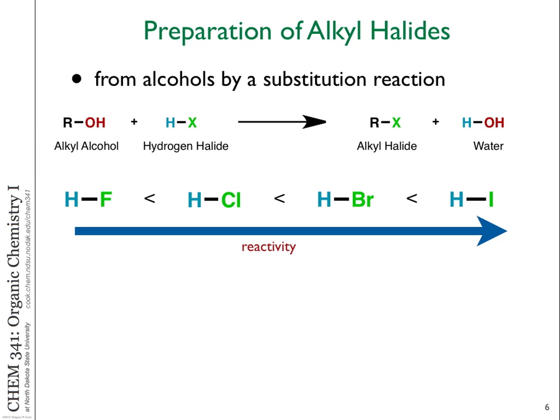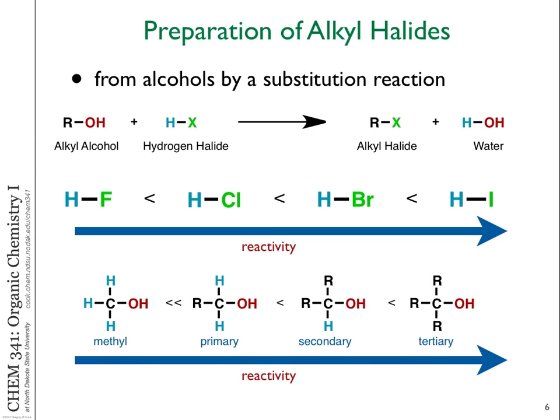Okay? We also see some slight changes in the reactivity if we keep the hydrogen halide the same, but then look at various substitution patterns on the alcohol. We see that there's a difference in reactivity as well. In this particular substitution reaction, the more substituted the carbon is of the alcohol, the faster the reaction proceeds.